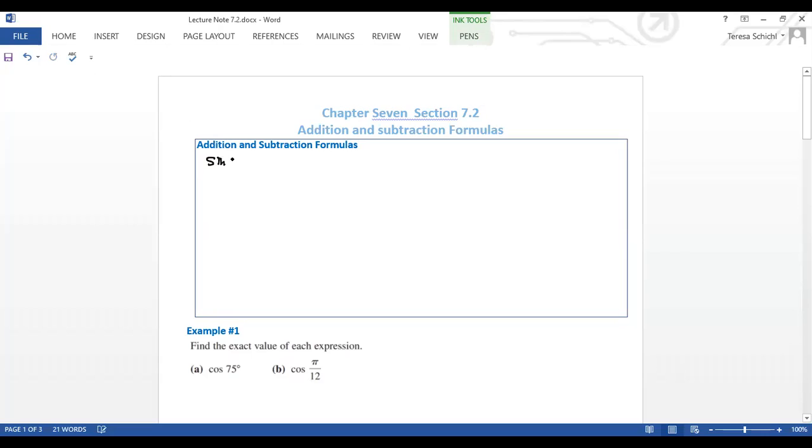If you add two angles, like s plus t, then sine of s plus t equals sine s cosine t plus cosine s sine t.